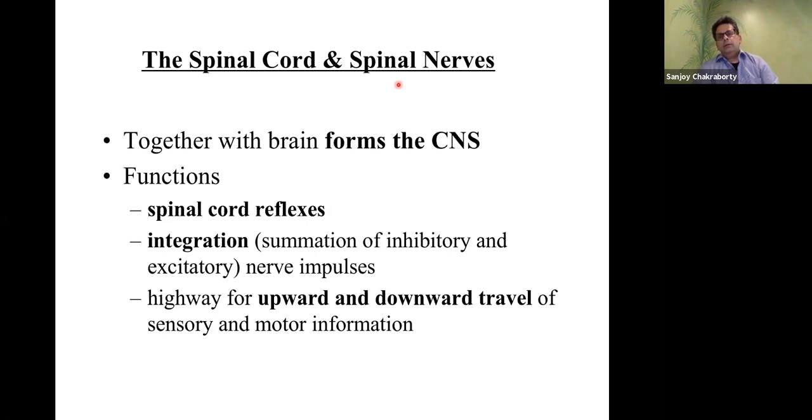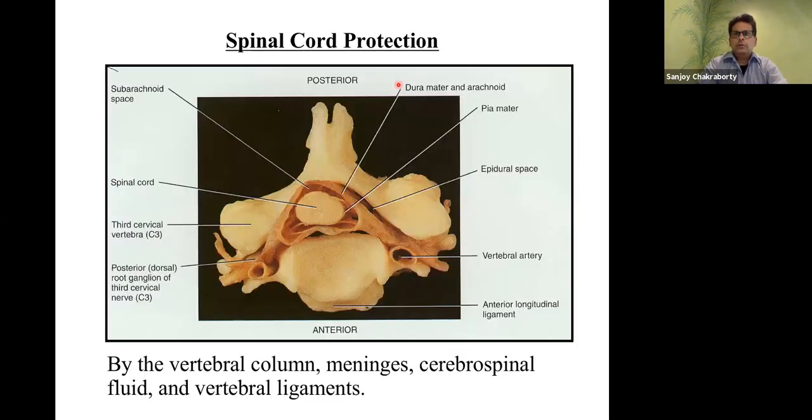Yes, the true cord will end before it reaches the coccyx, but for now we are going to look at it from foramen magnum to the coccyx through the vertebral column. That's our spinal cord.